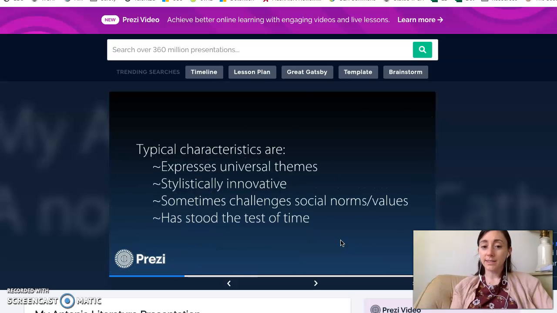There are several elements. Universal themes, that's something we've talked about throughout the entire year. It needs to be stylistically innovative. In other words, not just copy or mimic what everyone else is doing, but it needs to be original and unique. It needs to sometimes challenge social norms and values and stand the test of time.